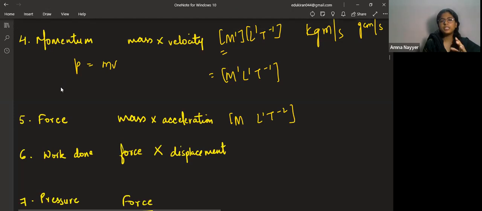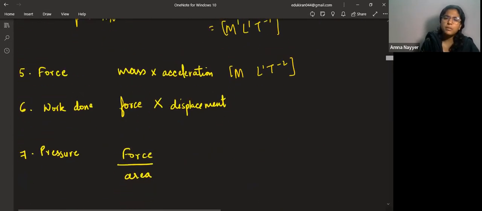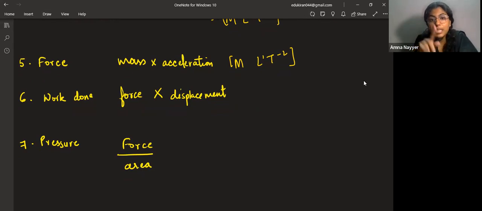I would suggest you at least remember a few basic quantities, till pressure I think. Just try to remember the dimensional formulas of the quantities: at least velocity, acceleration, and one or two more. Suppose force was asked, mass into acceleration.